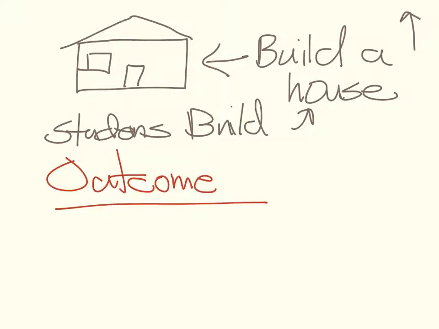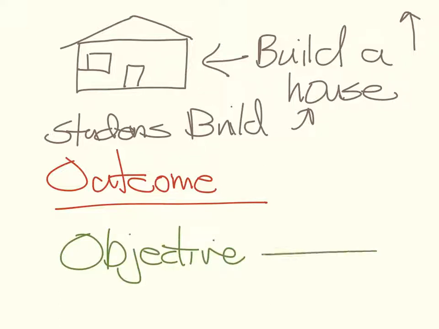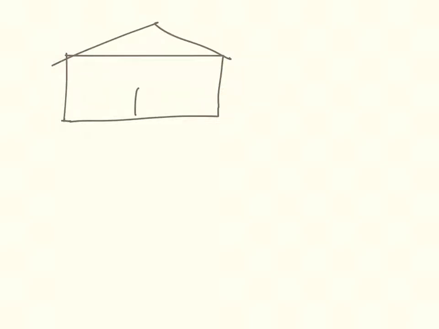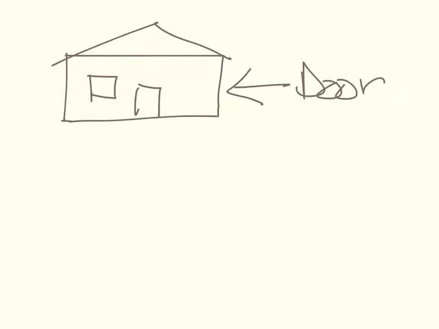Now, what could be an objective for this process? Well, you can probably see where I'm going. Now that won't be too hard. Our objective, let's just say, in the house we have doors and windows. So one objective would be, how can a student put in a door or a window?